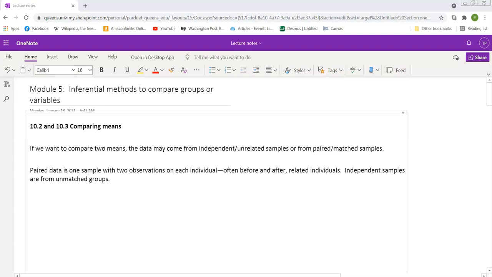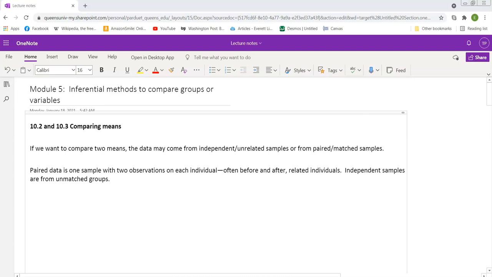So if we want to compare two means, there's two different possible formats that the data could be in. One is the data could come from unrelated samples, just two separate samples altogether. Or they could come from what's called paired samples or matched samples.